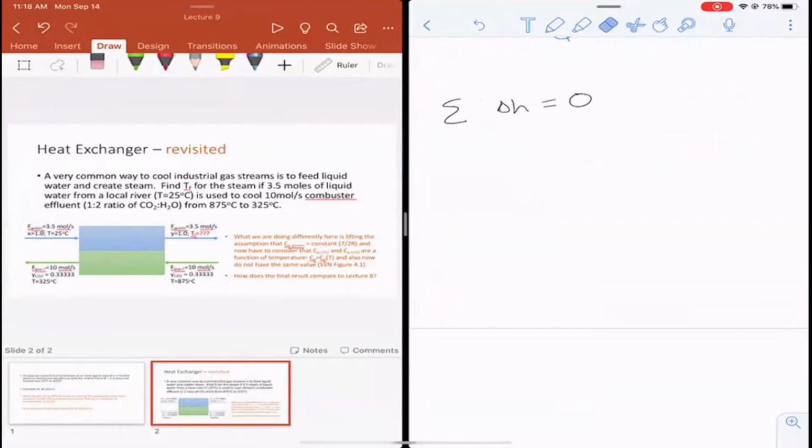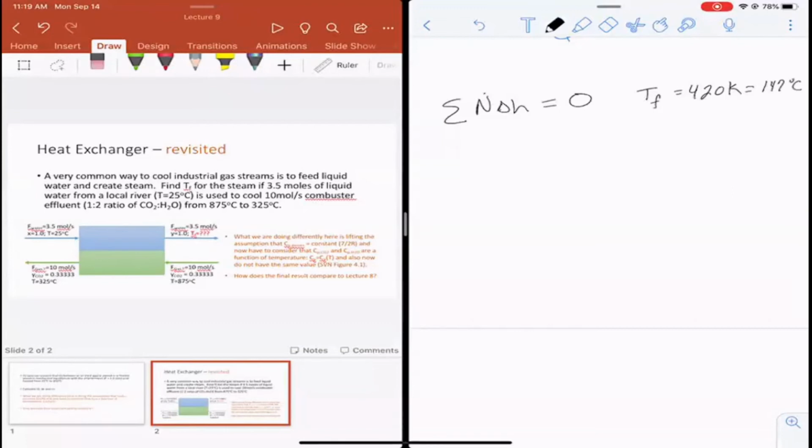And then we said, well, we're going to do the molar version, right? So we had the molar flow rate of each of those species times delta H equal to 0, was the result of our energy balance. And from there, we solved this problem and found that the temperature that was leaving was equal to 420 Kelvin, which of course is equal to 147 degrees Celsius.